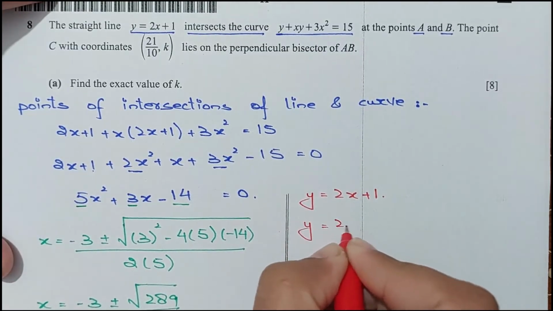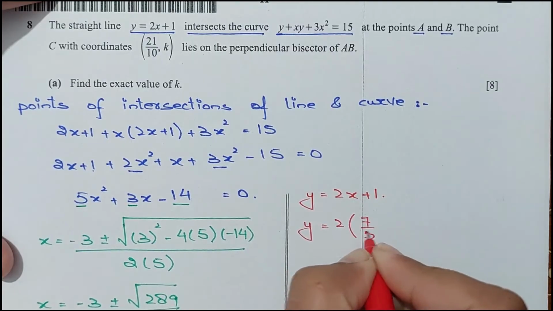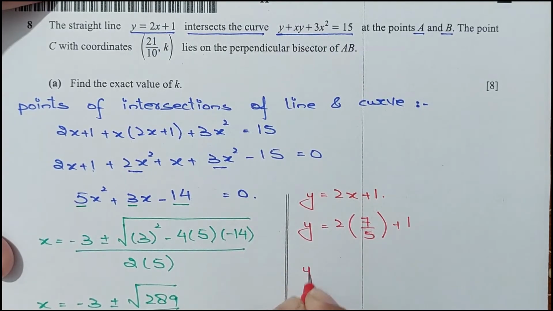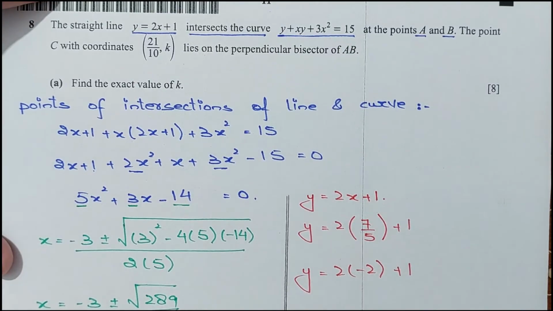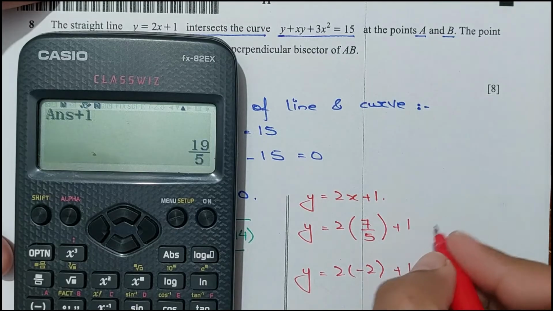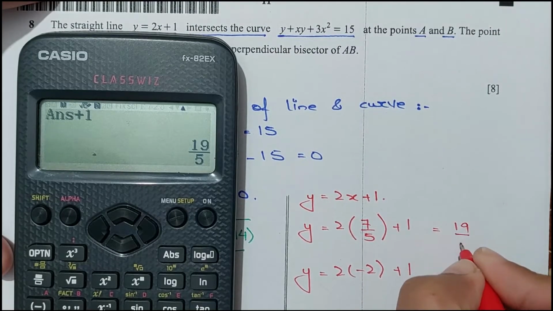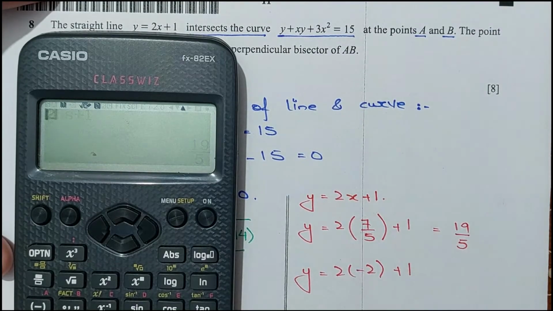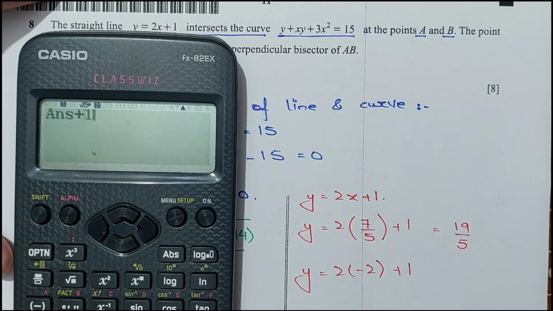Y equals 2 times 7 over 5 plus 1, and y equals 2 times negative 2 plus 1. Let me solve for y. 7 by 5 times 2 plus 1, here y is 19 over 5. 2 times negative 2 plus 1 is negative 3. The y is negative 3.